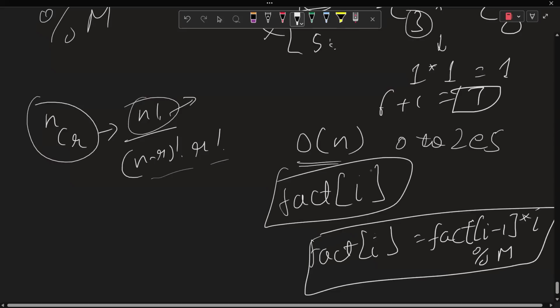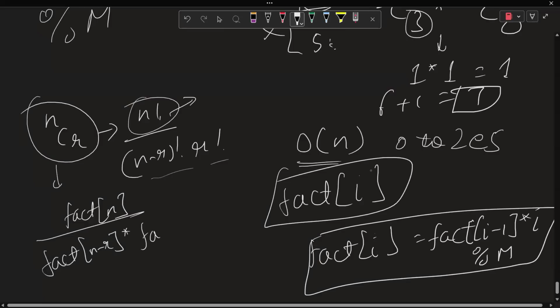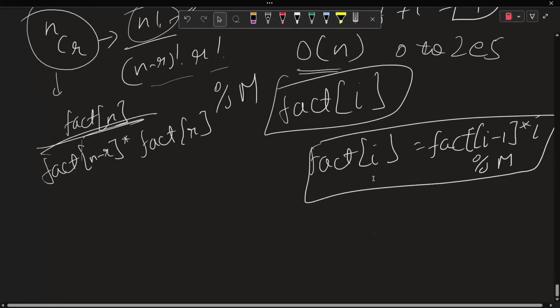So now when you need to write the nCr, you can write nCr as factorial of n divided by factorial of n minus r into factorial of r. But here, since you are also doing modulo m, you cannot divide like this. You would have to use the modulo inverse.